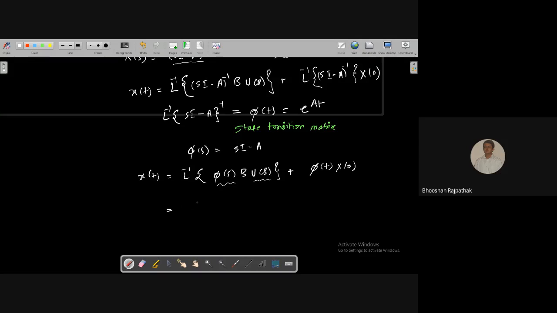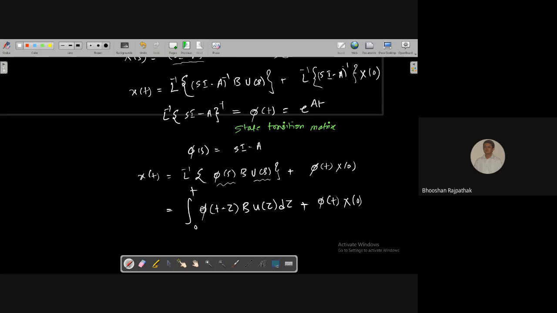So this will be equal to integral 0 to t phi(t minus tau) B u(tau) d tau plus phi(t) x0.